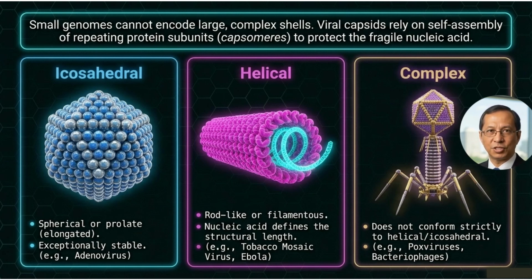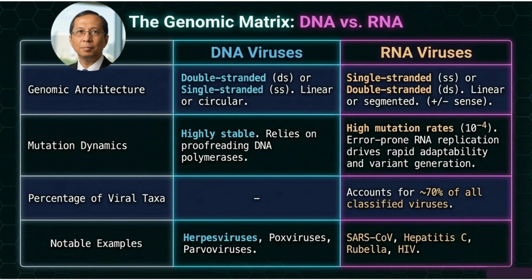The genomic matrix of viruses is broadly divided into DNA and RNA viruses, each with distinct characteristics. DNA viruses can have double-stranded or single-stranded genomes, which can be linear or circular. They are generally highly stable due to the presence of proofreading DNA polymerases. Examples include herpes viruses, pox viruses, and parvoviruses.